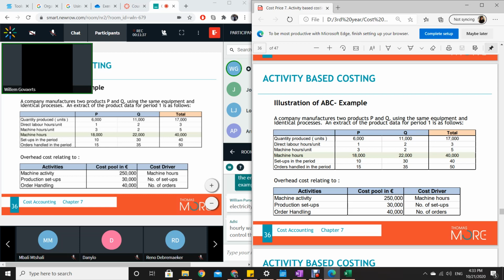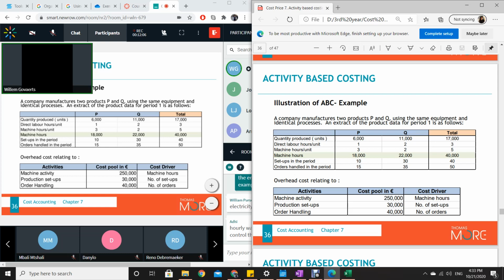When I don't give you any information about machine hours, then you should apply another cost driver. Of course, in a real example, you have much more information. In the exercises, we reduce the information to the minimum just to get behind the logic. The idea is that you understand the process and the logic of the exercise. It's not the purpose to make a super complex exercise.